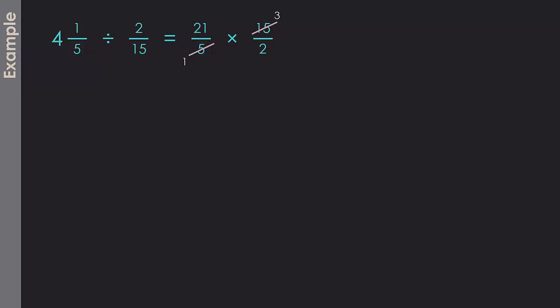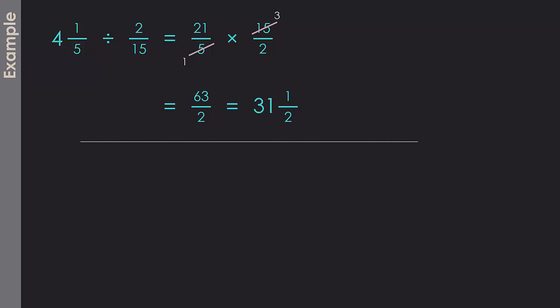And then numerator times numerator over denominator times denominator equals 21 times 3 is 63, and 1 times 2 is 2. So the result is 63 over 2 equals 31 and 1/2.